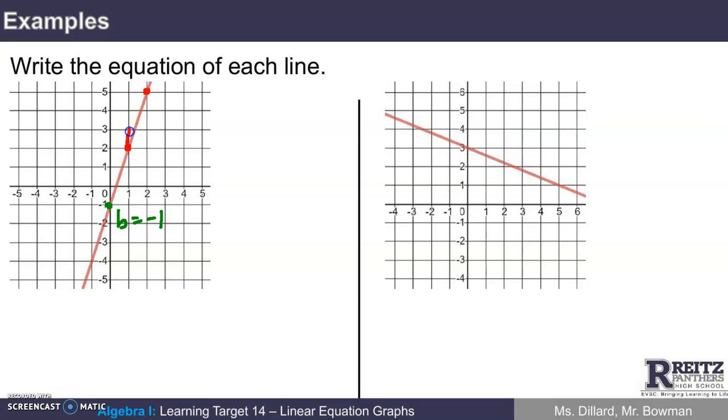If I start here and go up 3 and right 1, then the slope is positive 3 over positive 1, or just 3. And now I can use m and b to write the line equation y equals 3x minus 1.